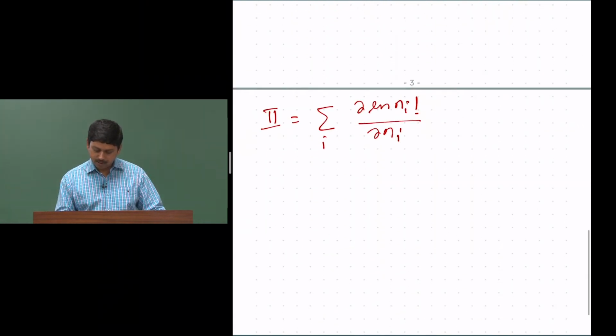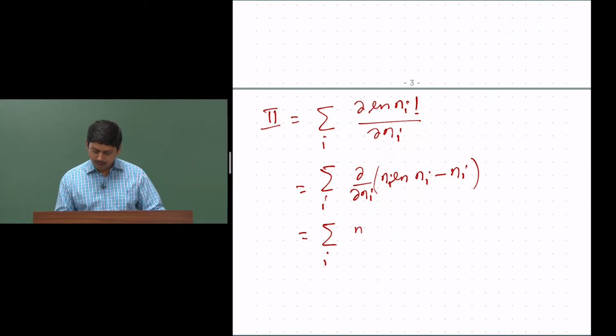Yes, that is the case. So, then sum over i del by del n_i of n_i ln n_i minus n_i. Again, in this case you have n_i ln n_i, the derivative will be 1 by n_i, and the sum will go away because there is only one term that is going to survive.